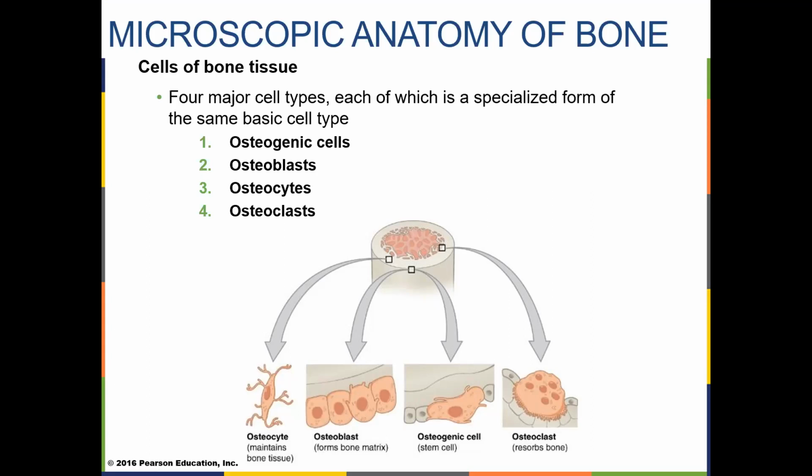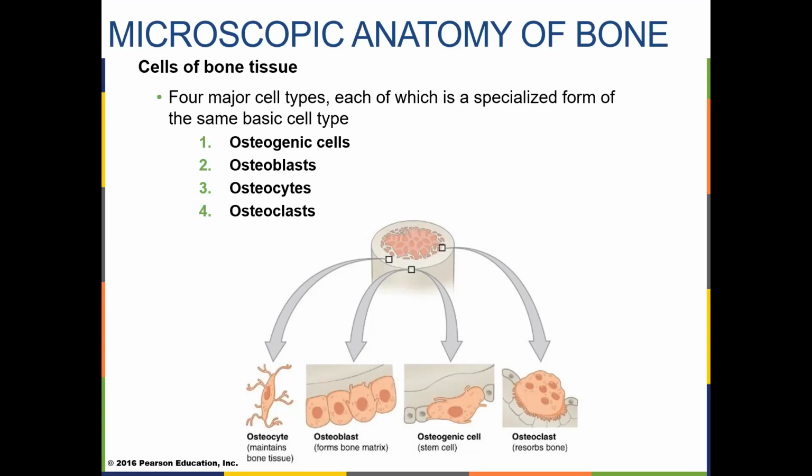The ones that don't get trapped and continue to build the matrix remain osteoblasts. And so we continue to lay down bone, and we develop into osteocytes as needed as we trap ourselves. If you're an osteoblast and you trap yourself in a lacunae, then there you are, you're going to be an osteocyte. Then, of course, the osteogenic cells.